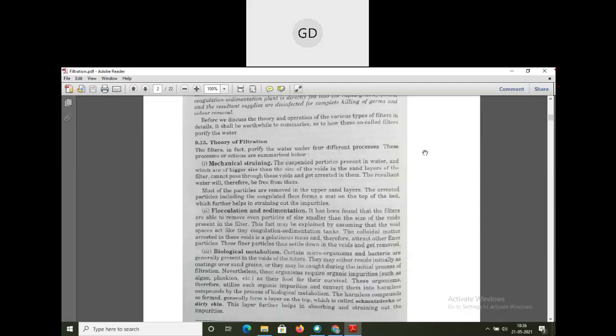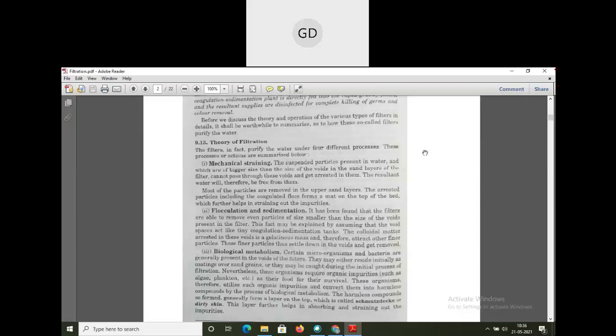So whatever harmful organic compounds are in the sand voids are now all turned into harmless compounds.